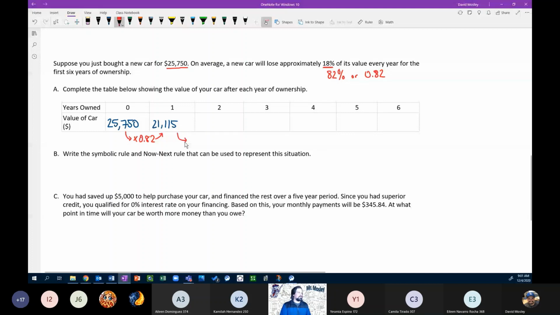And then multiply by 0.82 again. We get the value after 2 years of ownership. And that drops us in at $17,314 and 30 cents.